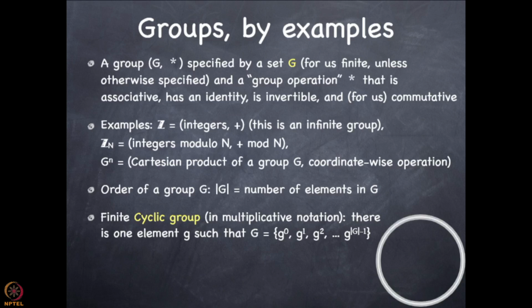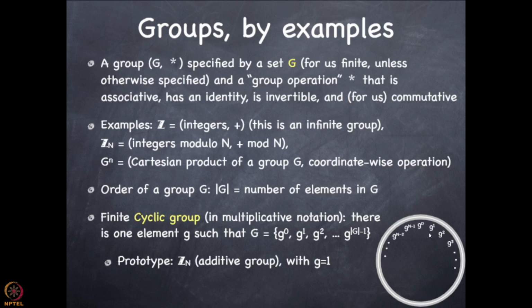Just to make it look like a cycle, here is an illustration. The prototype for a cyclic group is addition modulo n. Prototype meaning there's an isomorphism. You could think of this cyclic group as all the elements sitting in a big cycle.